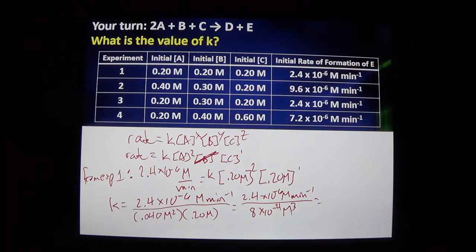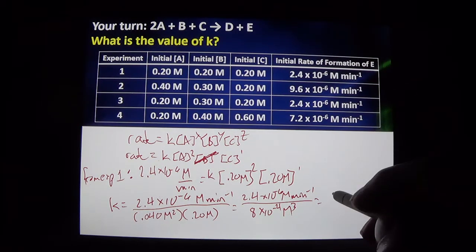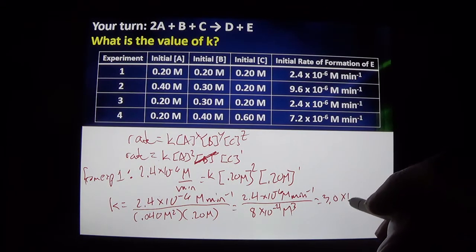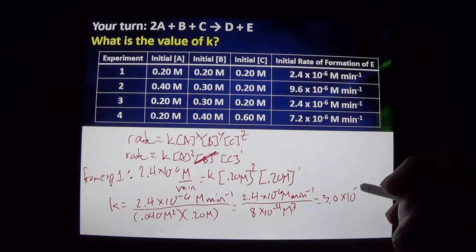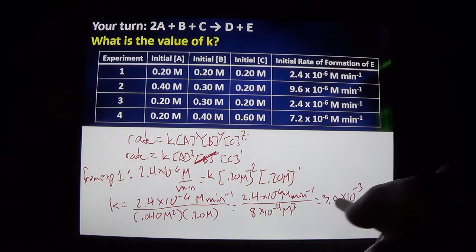Okay, when I do this math, 2.4 times 10 to the negative 6, divided by 8 times 10 to the negative 4, I get 3.0 times 10 to the negative 3, which does not surprise me. 24 divided by 8 is a 3.